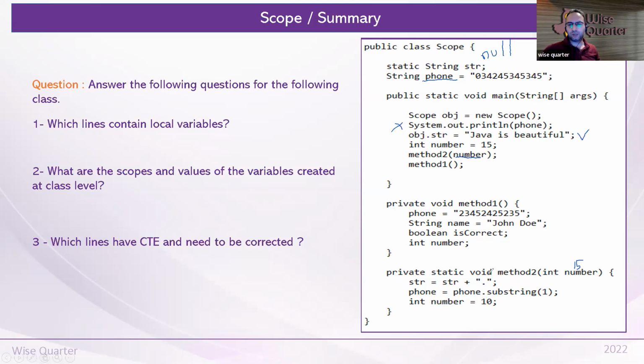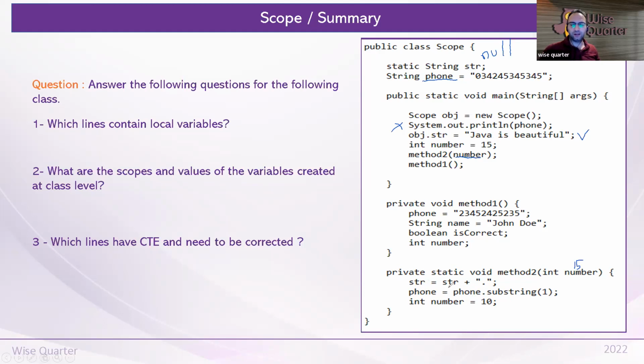Okay, we have created another. Here, this is a static method. I am trying to add str, and I am trying to add dot to it. When we come over here, as you can see, actually we did not assign any value to it.